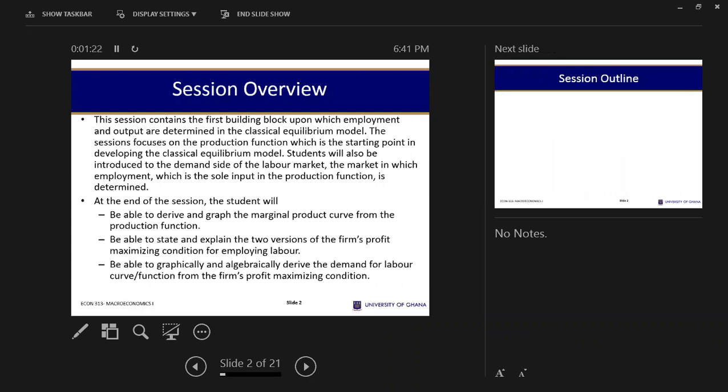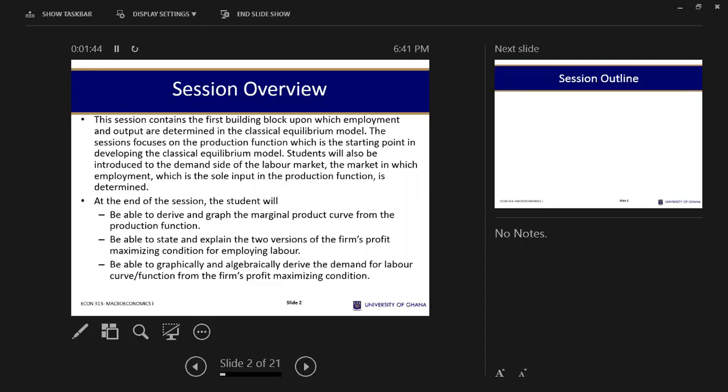So by the end of the session, we should be able to derive and graph the marginal product curve from a production function. Okay, so we see a typical production function, and then through calculus, we should be able to derive the marginal product curve.